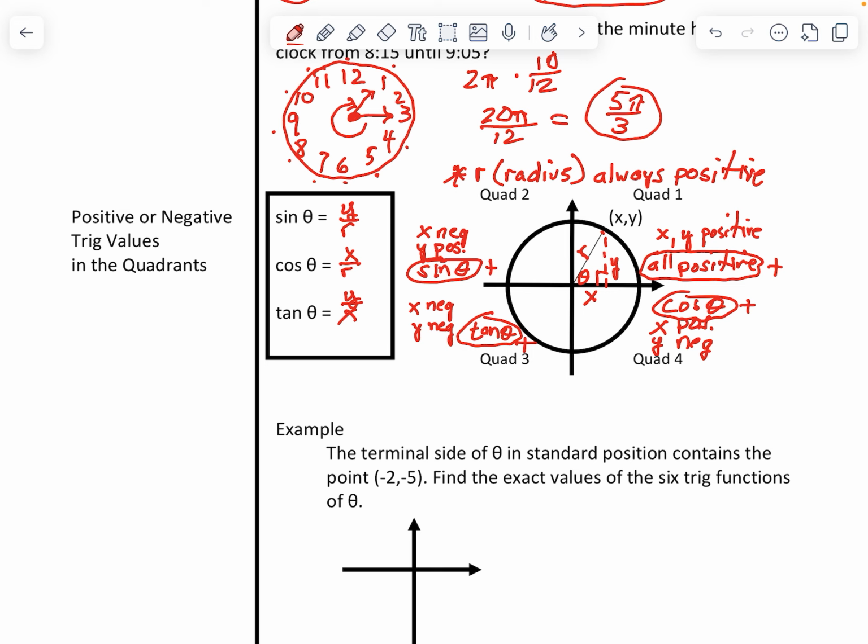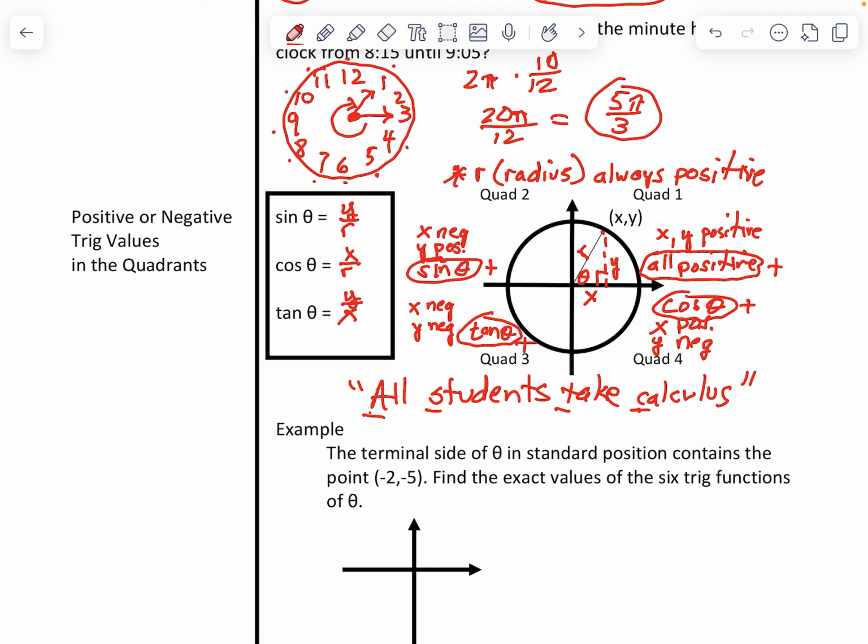And a way to remember which ones are positive in which quadrants, we can use a phrase called all students take calculus. Now, why this is helpful, all students take calculus, is if you look at the first letter, that gives us, if we start at quadrant 1, all of the trig functions are positive in the first quadrant.